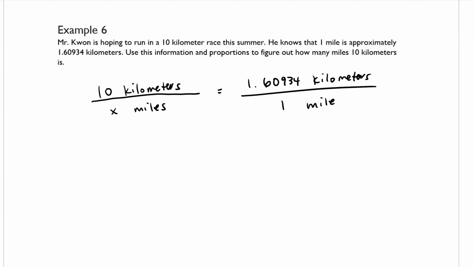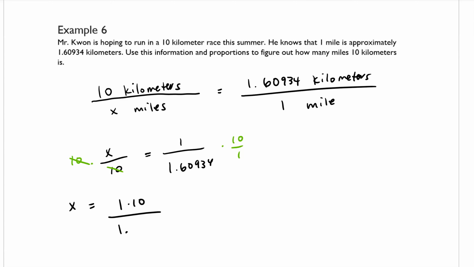So now we want to solve for x. So I'm going to swap the numerator and the denominator, and I'm just going to drop the units for now. So we get x over 10 is equal to 1 over 1.60934. And to get x by itself, I'm going to multiply the left-hand side by 10, and I'm going to multiply the right-hand side by 10. So these will divide, and we'll get x is equal to 1 times 10 over 1.60934 times 1.